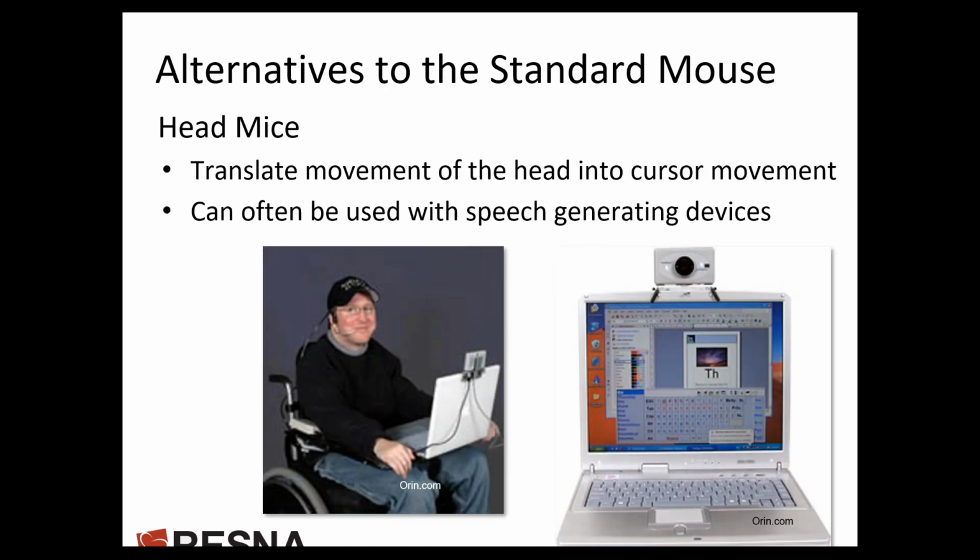So a head mouse. A head mouse uses a camera to translate head movements into cursor movements. Some of them you need a little silver reflective dot, like right between your eyes, to pick up the head movements. There's a newer head mouse out there. I don't know if you guys have heard of the Glass House.